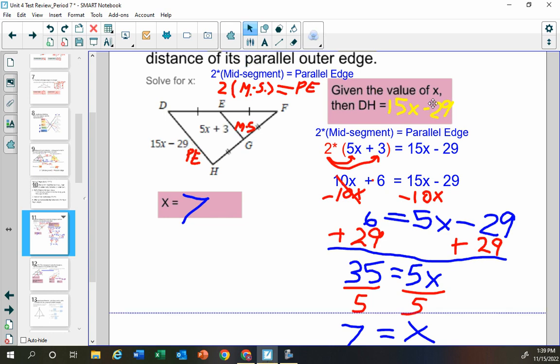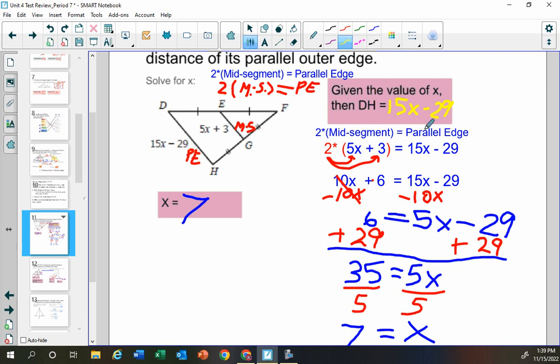You've got to substitute. So it's really 15. Now, do we just leave it alone? What do we do? 15 times 7 minus 29.